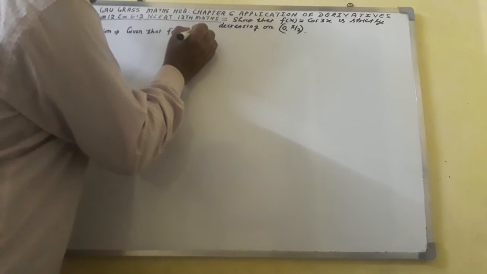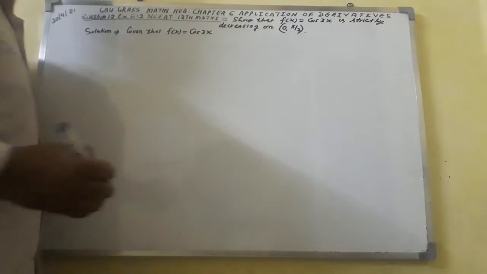Given that f of x equal to cos 3x. Differentiating with respect to x, d over dx of f of x equal to d over dx of cos 3x.